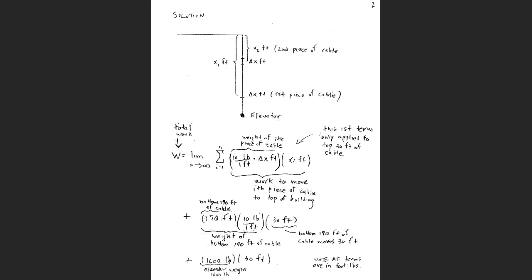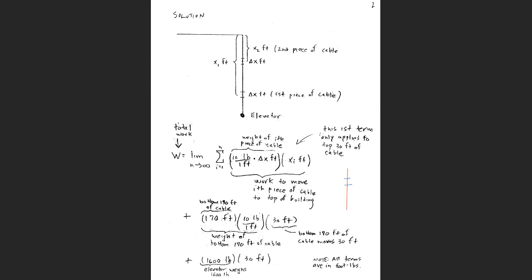Okay, so, and of course, maybe I'll go down here and draw the picture right here. So here's my 30 feet of cable. Okay, this here represents 30 feet of cable.